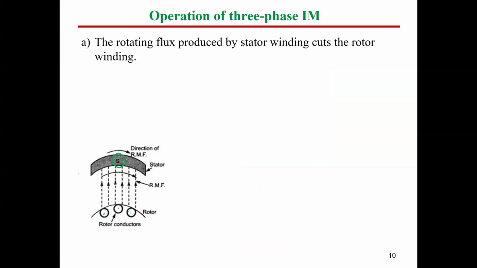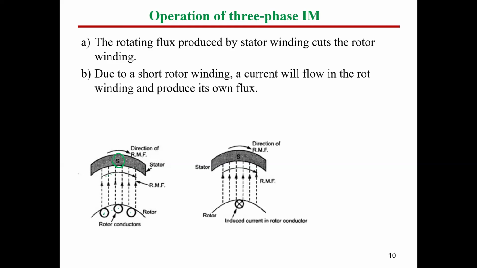So what will happen is you have the flux lines moving from north to south. At a certain instant this is going to be the shape, and this magnetic field is completely rotating, which means it's going to cut the conductor windings. Let's see just one conductor.